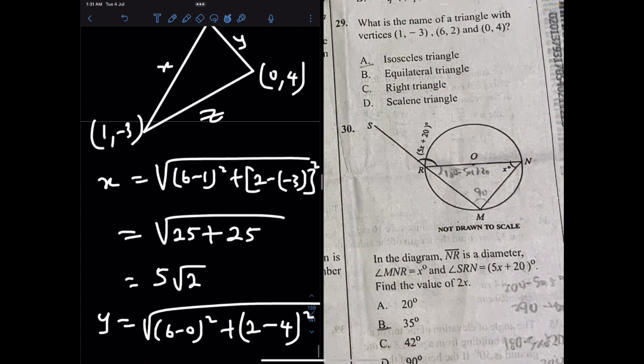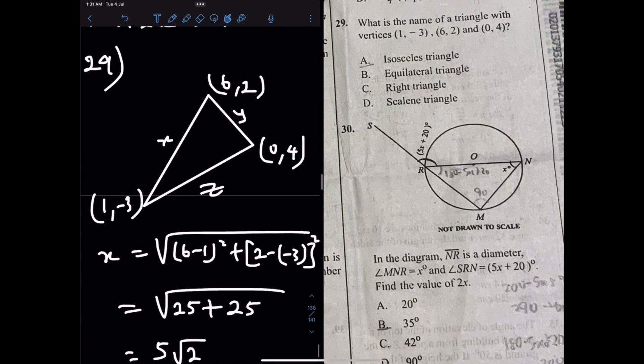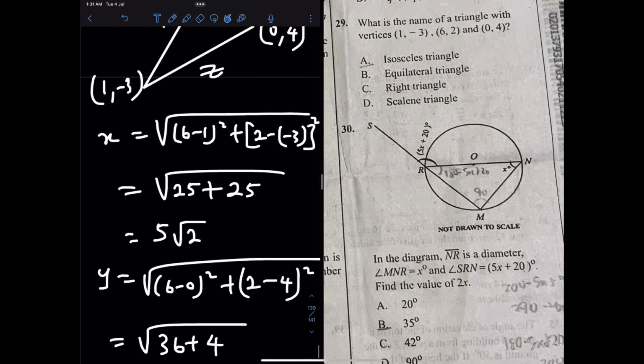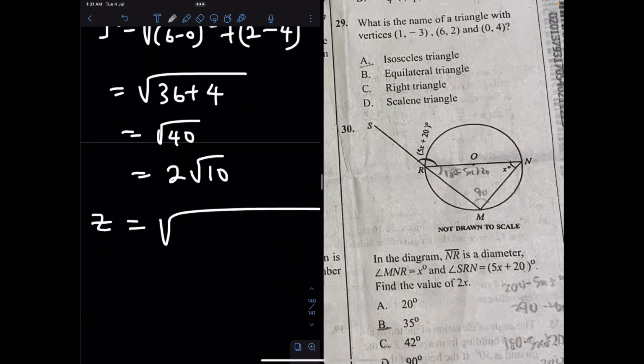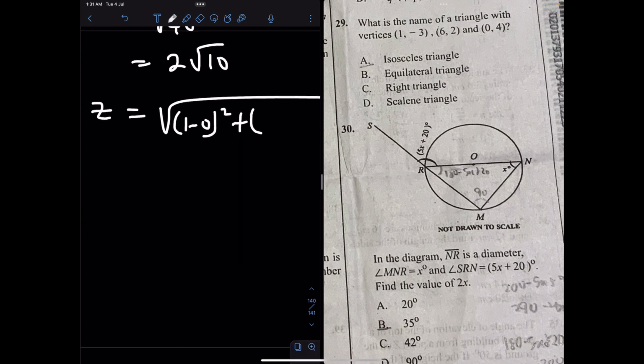Okay, let's check the length z. Length z is equal to the square root of (1 minus 0) squared plus (minus 3 minus 4) squared.